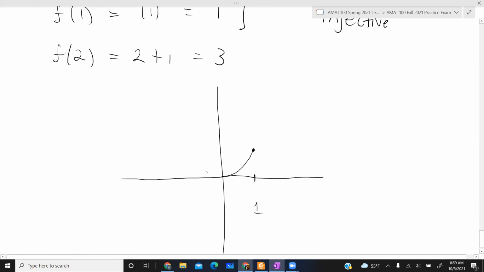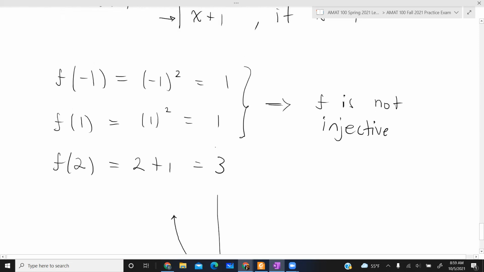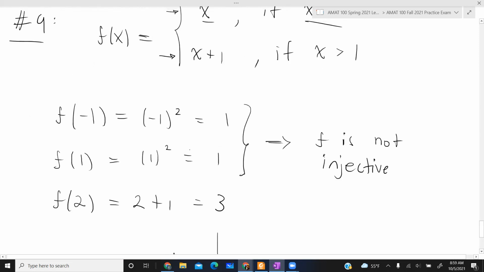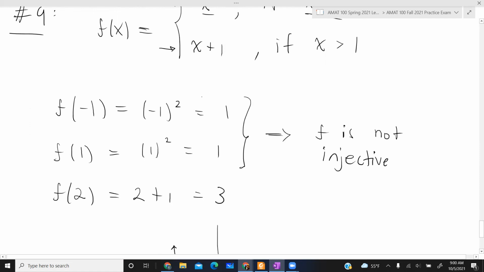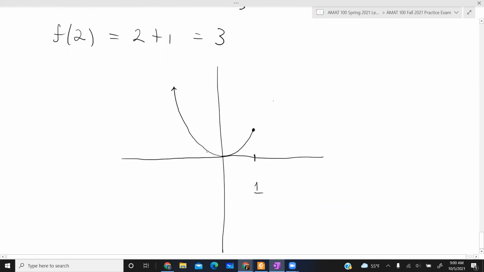So you look like a parabola from -infinity up to 1, and to the left of 0 we look like the rest of the parabola. Then at 1 is where it changes. At 1, it suddenly becomes a line. You have the line that goes through the origin, and it's going to be shifted up 1 unit.